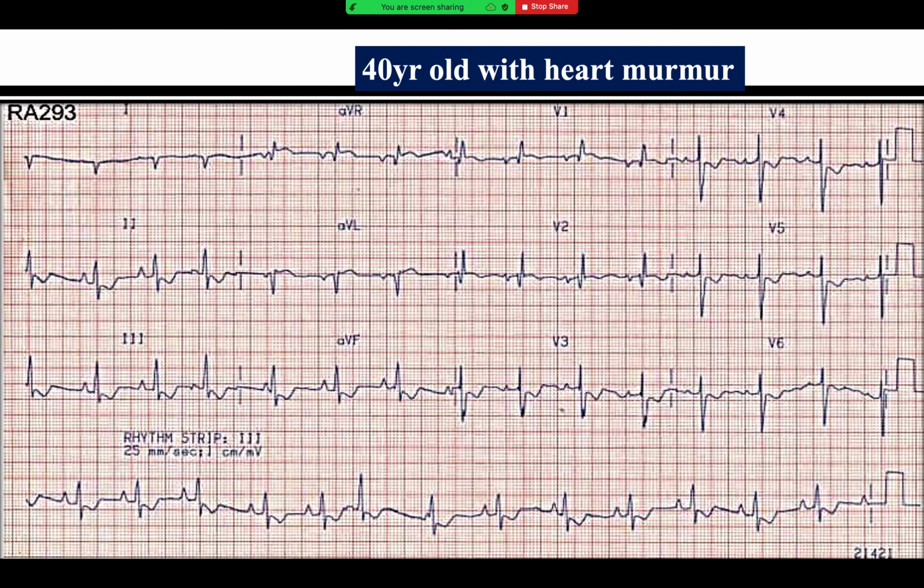Then axis is right axis. Similarly, P pulmonale is there, so right atrial enlargement. And looking at the V1, right ventricular hypertrophy. So what does it show? ASD with Eisenmenger's.